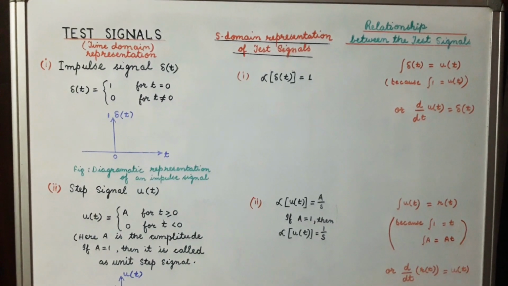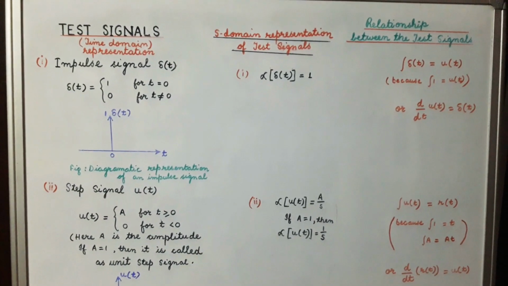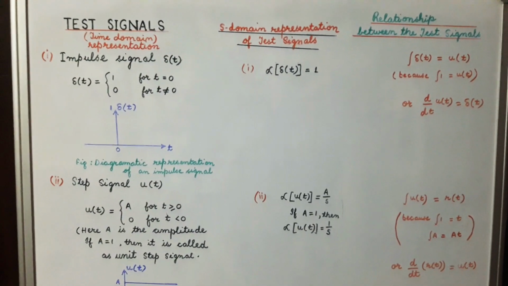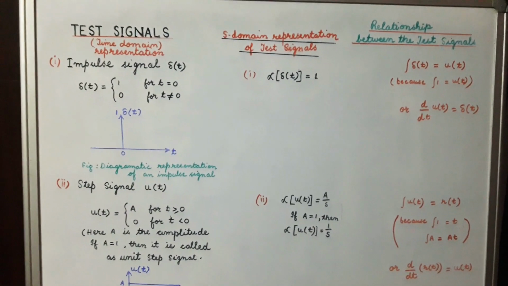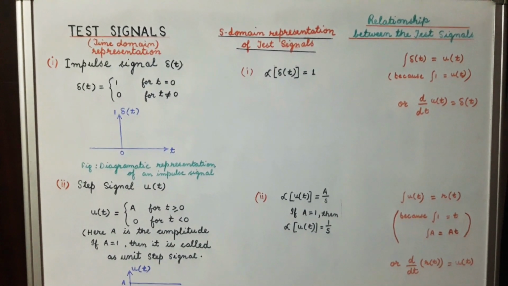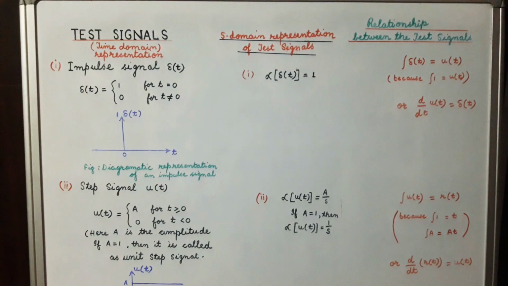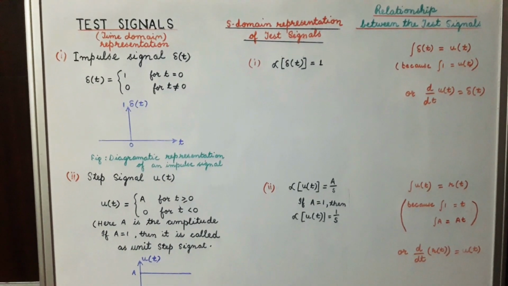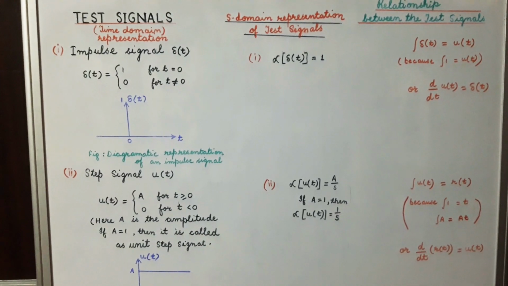Now, from the definition of impulse signal, we have seen that an impulse signal is a signal which has a value 1 at t equal to 0 and its value is 0 when t is not equal to 0.